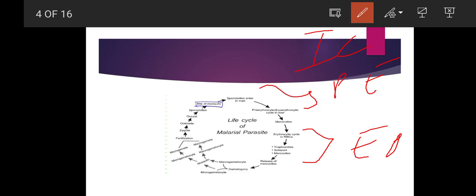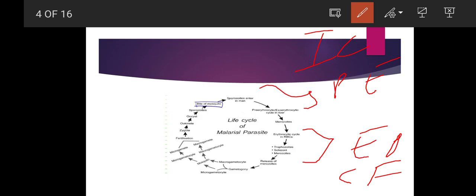This phase is responsible for clinical features, where we have periodic fever, let's say 48 hours or 72 hours of fever, depending on the species of Plasmodium parasite in the erythrocytic phase.